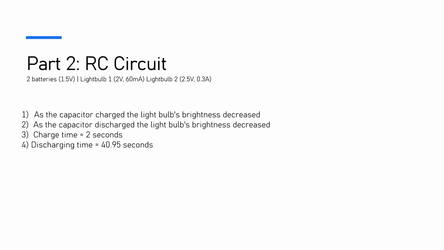For 2, we found as the capacitor discharged, the light bulb's brightness also decreased. The charge time was measured to be 2 seconds, and the discharge time was 40.95 seconds to completely discharge.